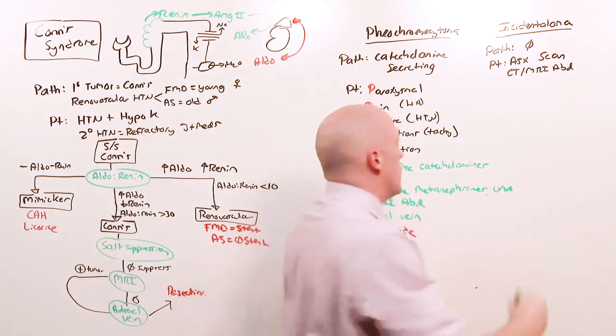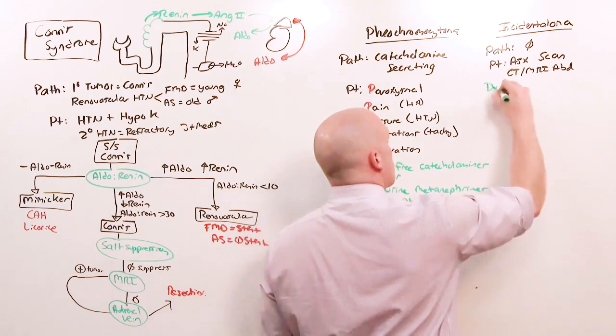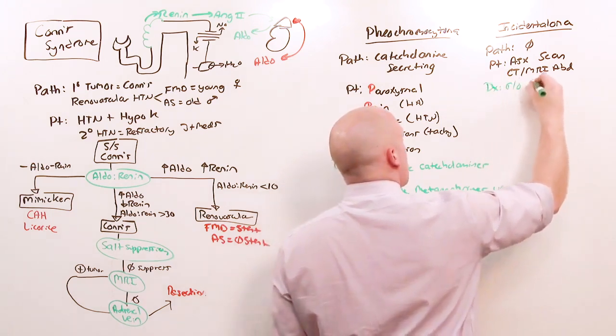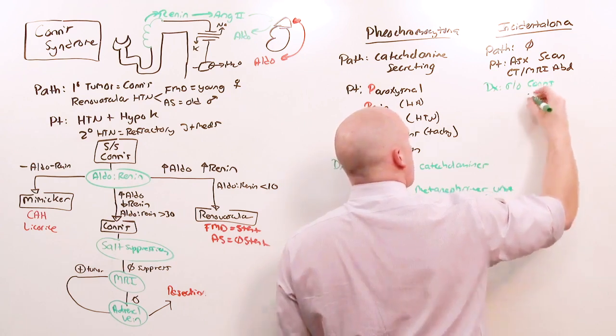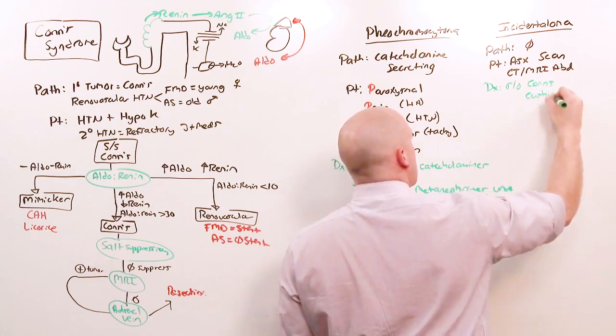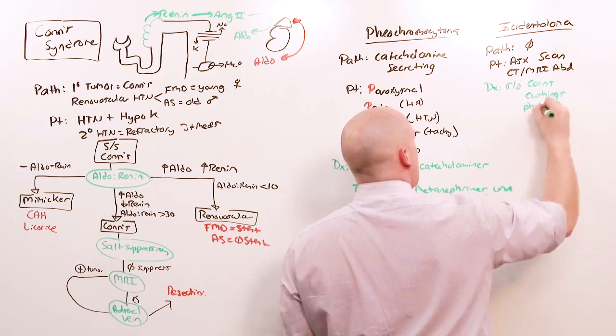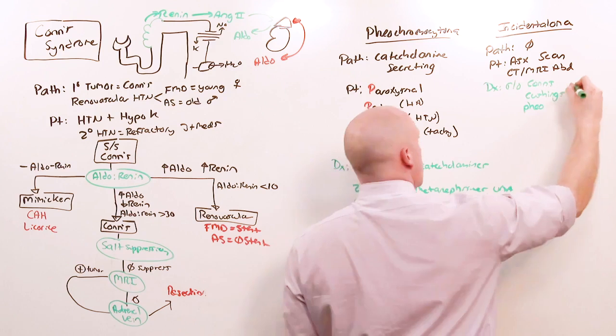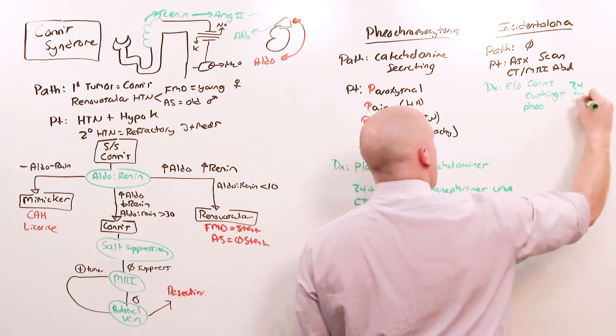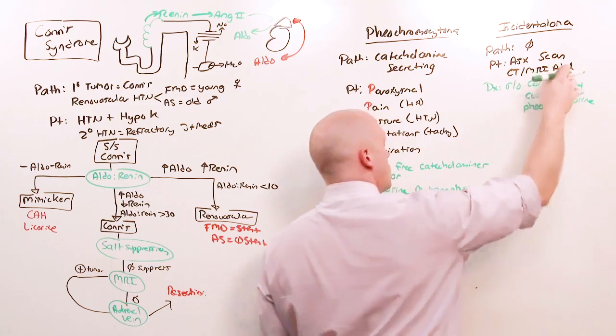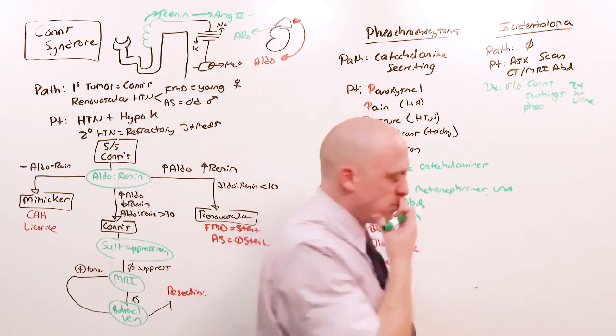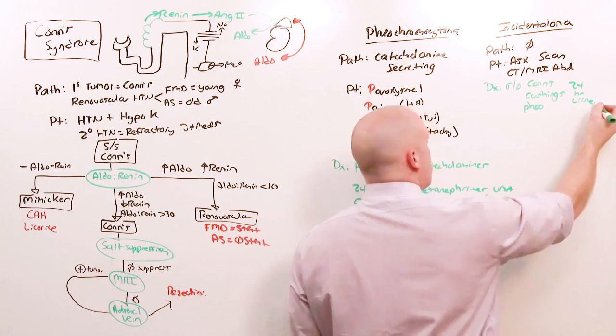And the way you do that is by ruling out everything else. So you have to rule out Conn's, rule out Cushing's, and rule out pheo. And you do that with a 24-hour urine.